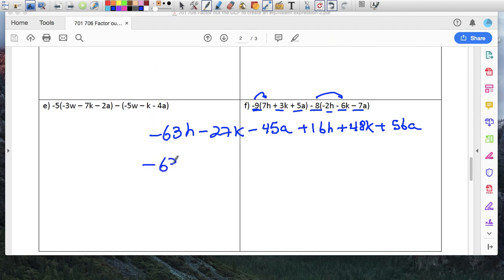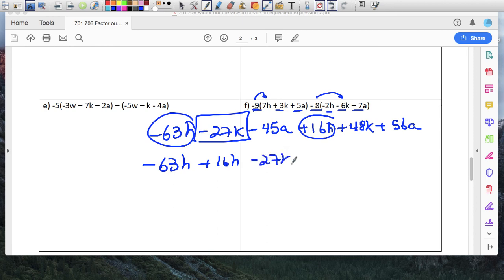Let's combine some terms. So it's going to be negative 63h plus 16h. Minus 27k plus 48k. And then minus 45a plus 56a.